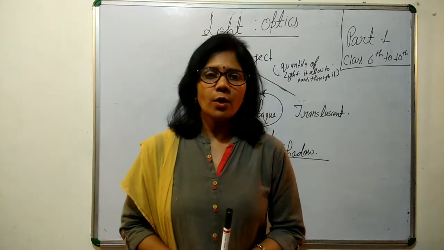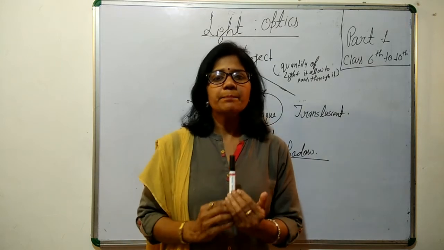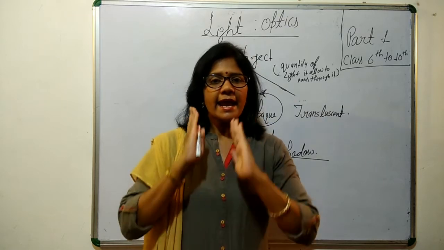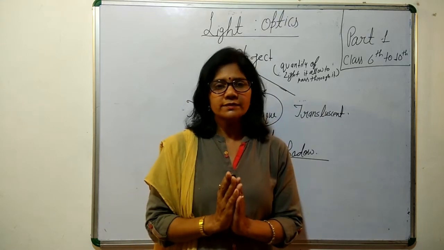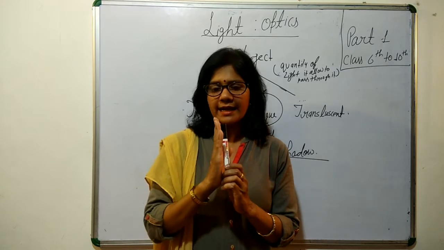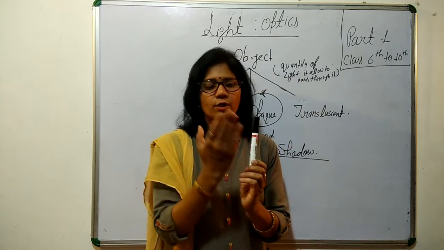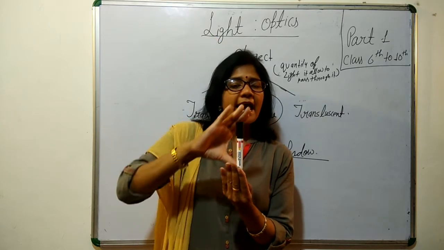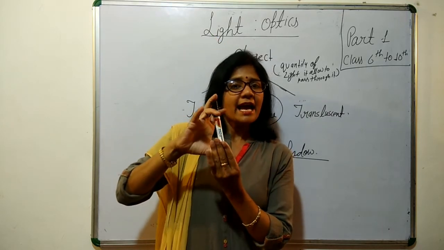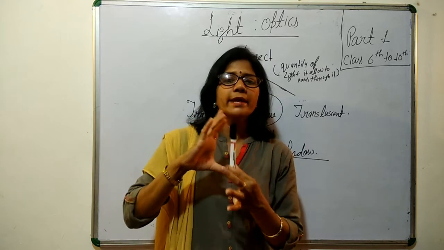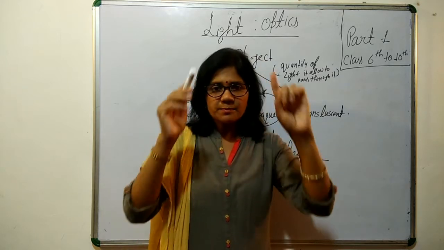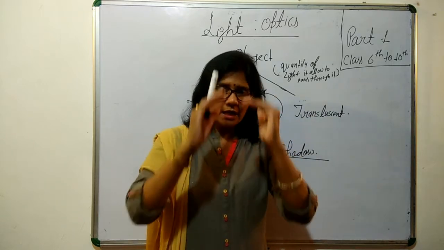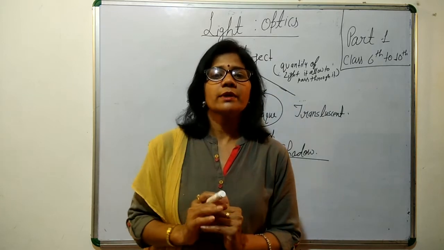When any object comes in the path of light, it obstructs the light, and because of this, at the second side of that opaque object there is total dark, and the dark is of the shape of that opaque object. That particular dark area is known as your shadow.